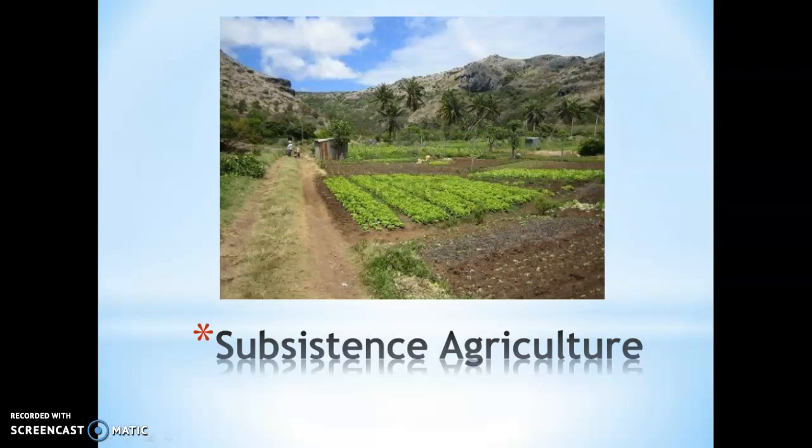We don't see a lot of it in many places in the core, because we have large animal ranching, or we can provide and bring them the food that they need. So you will see this in more of the peripheral areas where subsistence agriculture is still practiced.